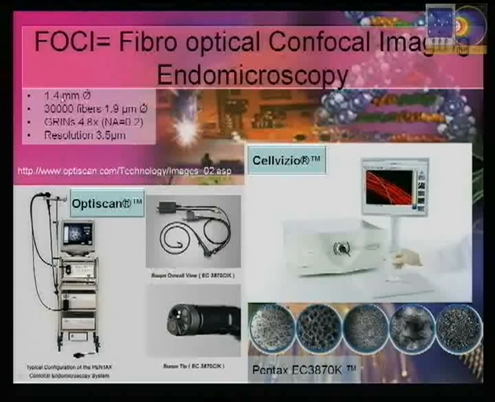In general, the diameter of those fibro microscopes is 1.4, sufficient to be introduced through the biopsy hollow of a regular endoscope, and they contain 30,000 fibers, each one of 1.9 microns.